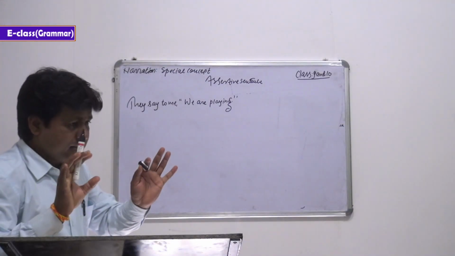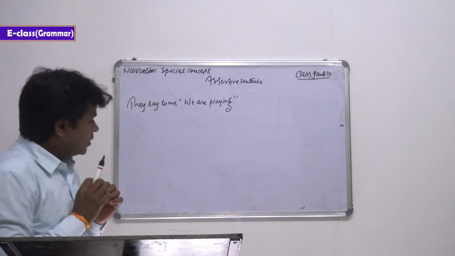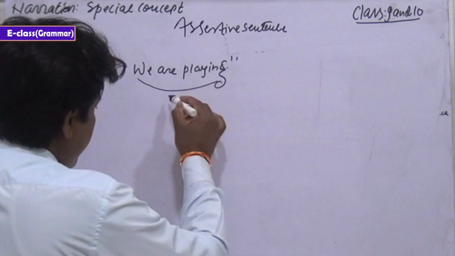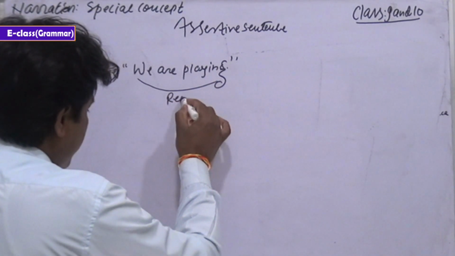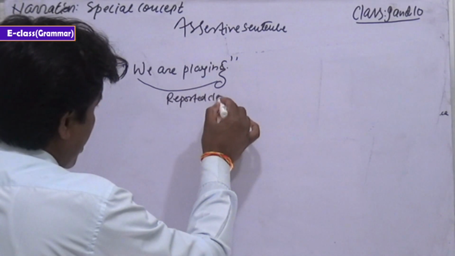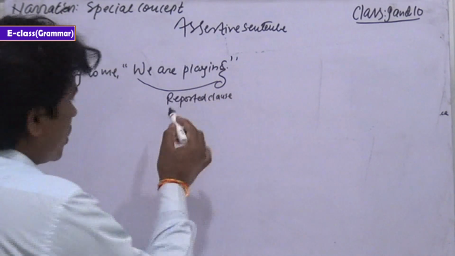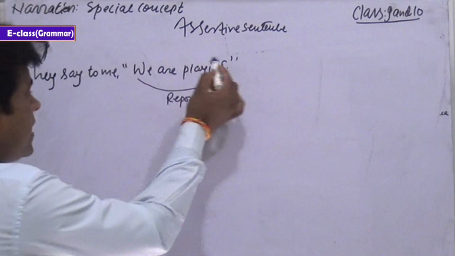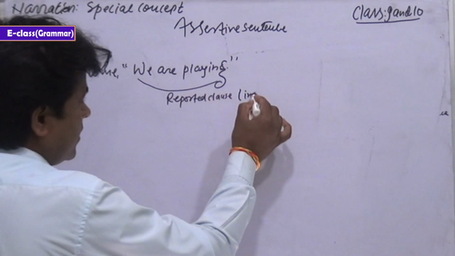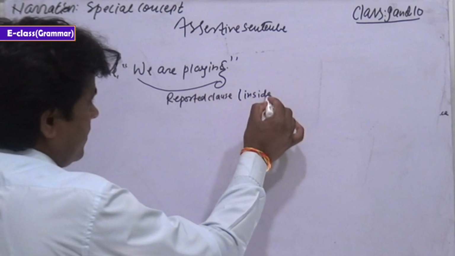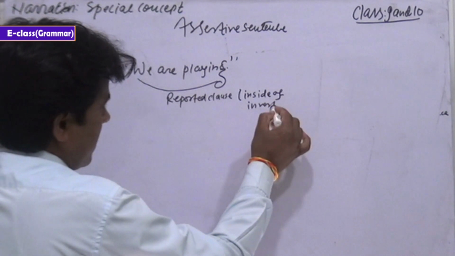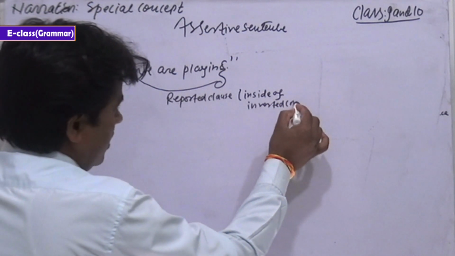My dear students, now you tell me which clause this is. This is a reported clause. Reported clause means the clause which is inside of inverted commas.